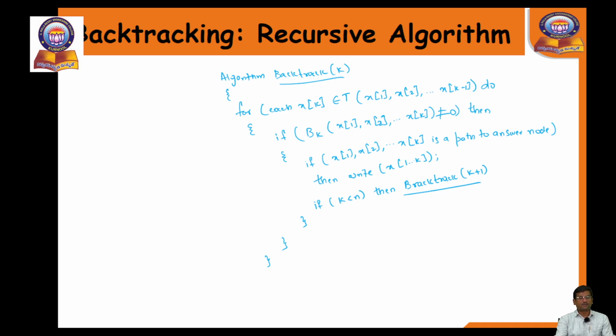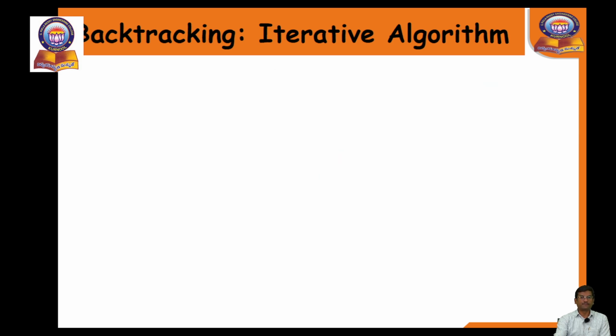This algorithm describes the backtracking process using recursion. On entering, the first k minus 1 values x1, x2, etc. till x of k minus 1 of the solution vector x of 1 to n have been assigned, and x as well as n are global variables used in the algorithm.